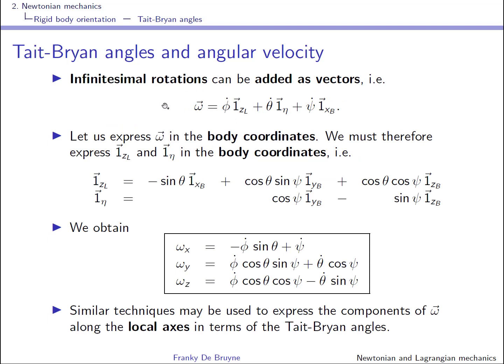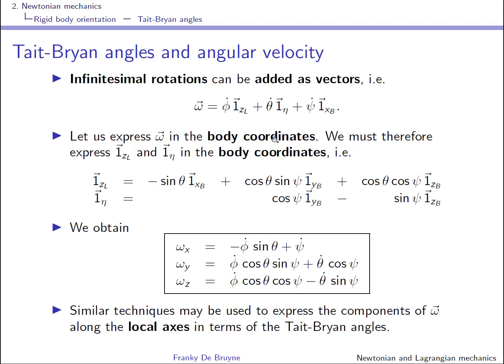We've seen that we've used infinitesimal rotations, 3 of them, and since they are infinitesimal, they add up, and they add up to the angular velocity vector omega. Well, we want to express this omega in terms of the body frame. This one is already in the body frame, and we have seen in the previous slide that it's possible to express the z component in the local frame in terms of the body frame.